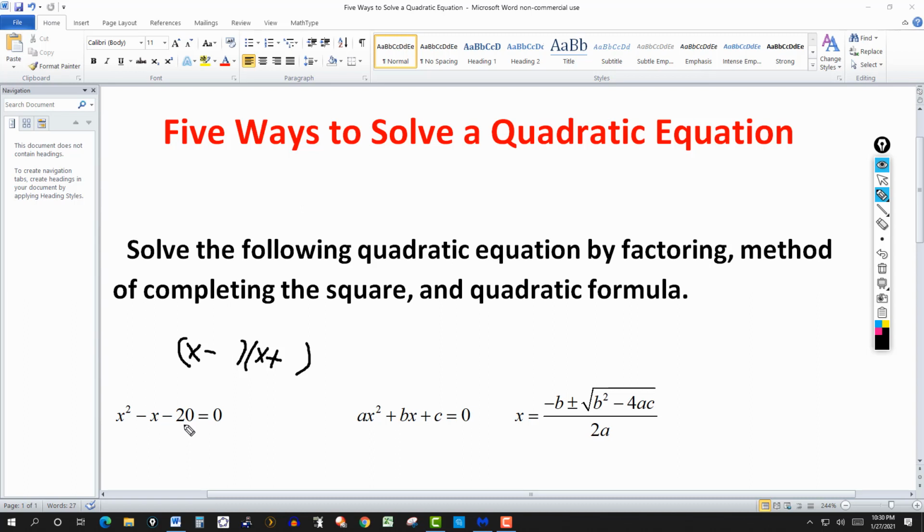And then for factors of 20, because I already have a sign here, I can use 20 and 1, 5 and 4, 10 and 2, but I want to come out with negative 1x for the middle term. So the difference of 5 and 4 is 1. So it looks like it works if I put the 5 in this parentheses and the 4 in this one.